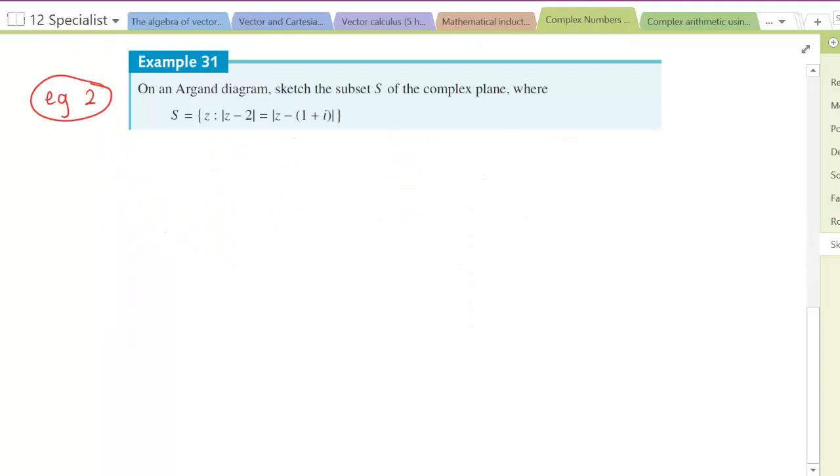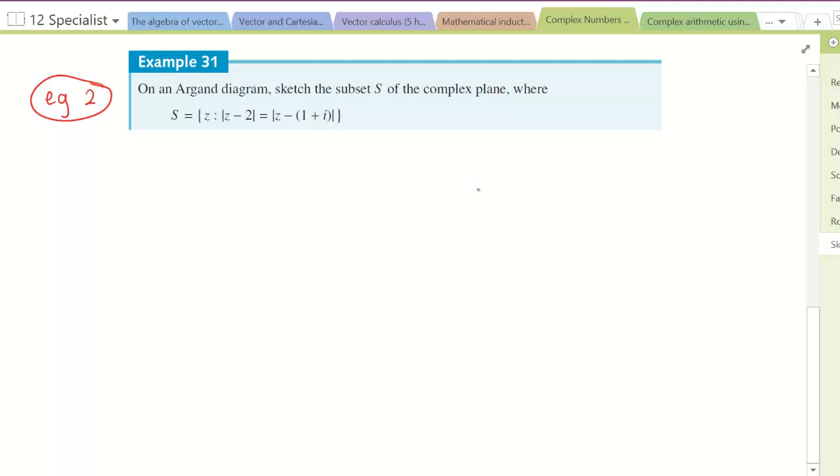In the second example, we're looking at a subset of solutions of z, where the modulus of z minus 2 is equal to the modulus of z minus 1 plus i. So we're saying that there's an equivalent distance between two complex numbers, 2 and 1 plus i.